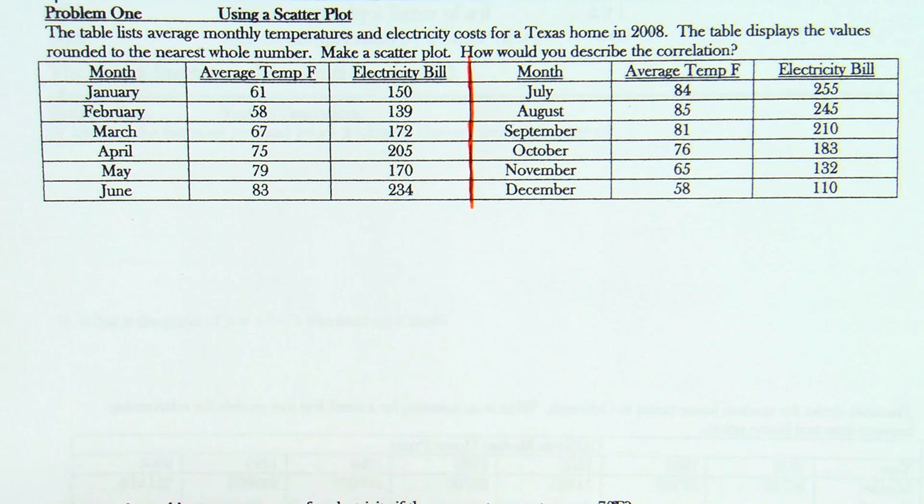What's the independent variable? The temperature. Do we have any control over the temperature? No. We have control over the temperature inside, but the average temperature outside is going to be our x-axis. That's always the x-axis. Whereas our electric bill is our y-axis.